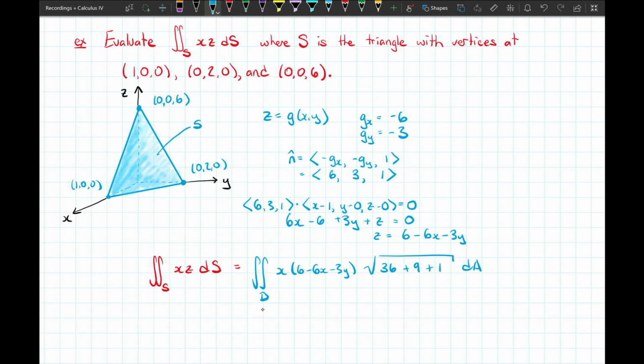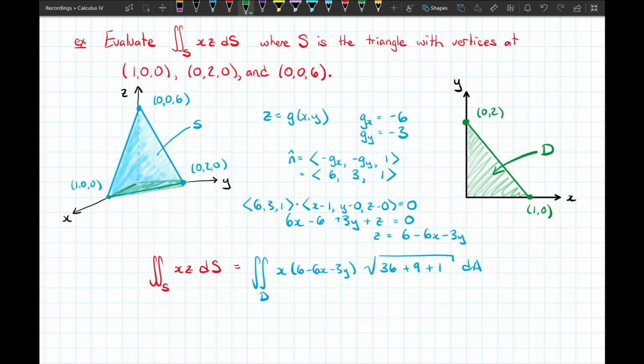And now we're ready to find out what this domain D is going to be. And that is simply projecting this triangle onto the xy plane. So now we need to look at this green triangle here that I'm just shading in on the bottom. We can use the vertices to be able to find out the equations of the boundaries of that triangle.